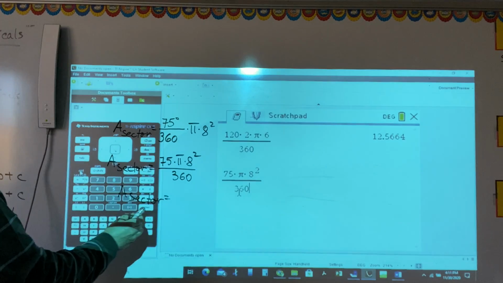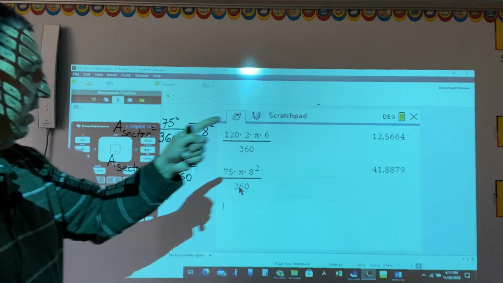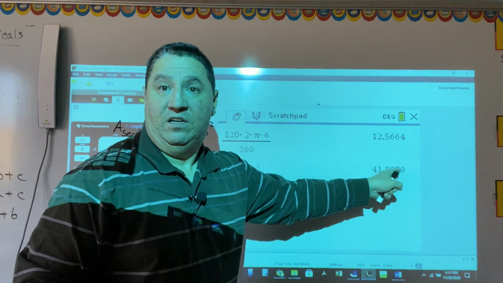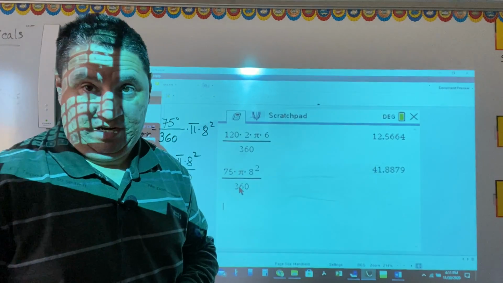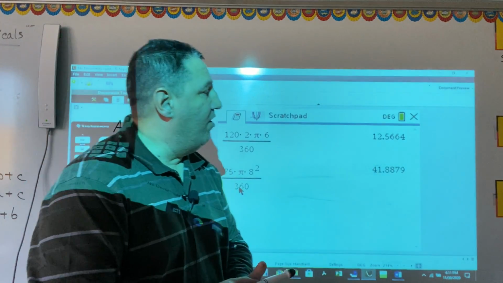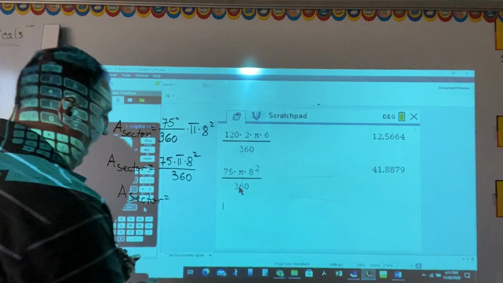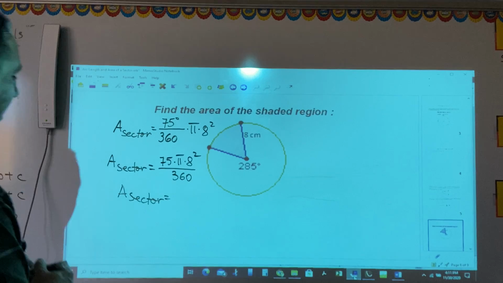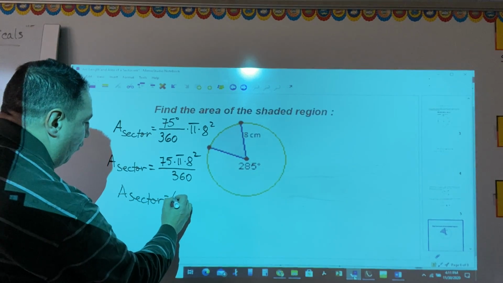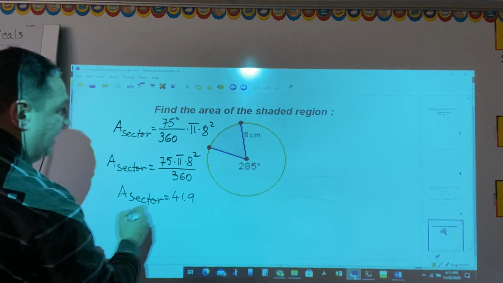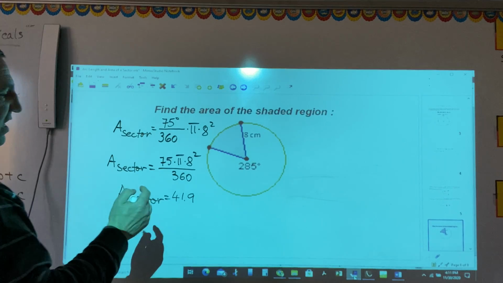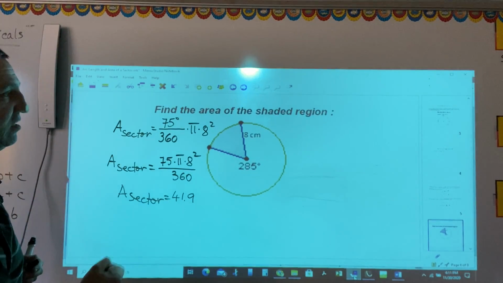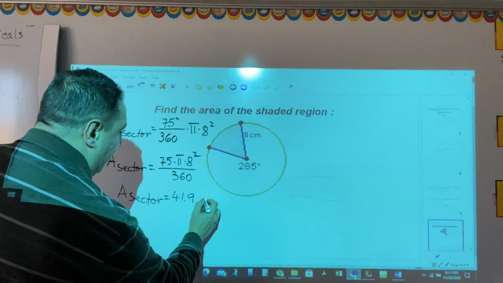And then we press enter. And we got this number. Again, we can round to the nearest tenth. You're going to have 41.9. So the area of the sector is 41.9. Now again, the unit, because it is area, would be square units, which is squared centimeters.